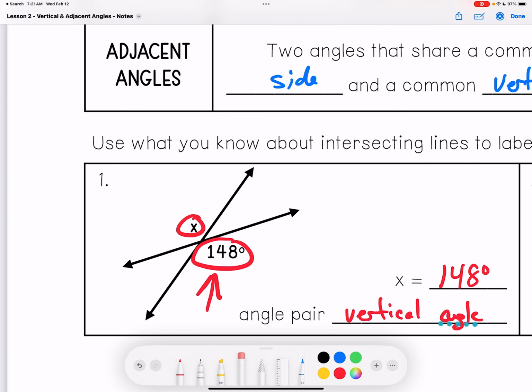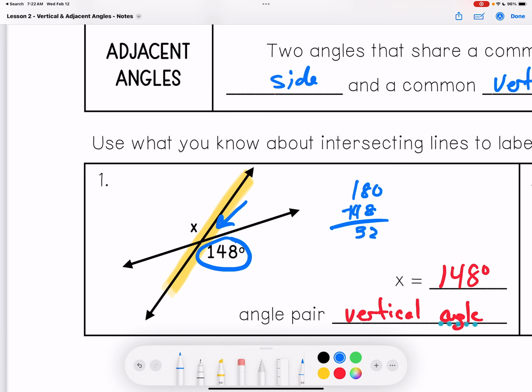Now, guys, if you ever get confused, you could also figure it out like this. Pay attention. You know this is a straight line and it equals what? 180. So if this side is 148, what is this side going to be? 180 minus 148, which is 32. So that's 32. Now that you have that side, guess what you can do now?